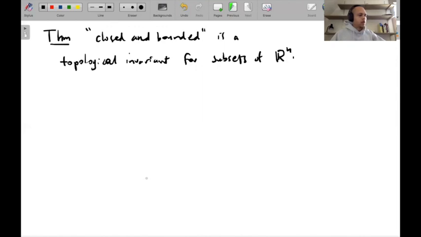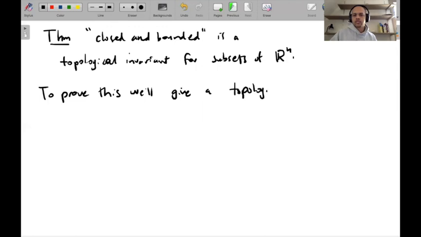And the way that we will prove this, to prove this, we'll give a topological characterization of closed and bounded.